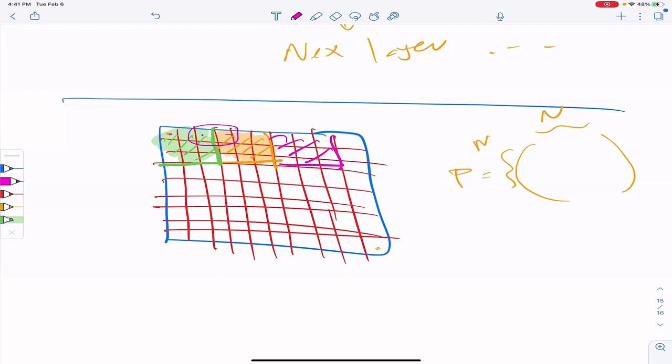Maybe one more, yes? Going back to the more data version of the ViT, wouldn't you expect the model with dense layer to perform maybe even better when you have that much data? Dense layer.